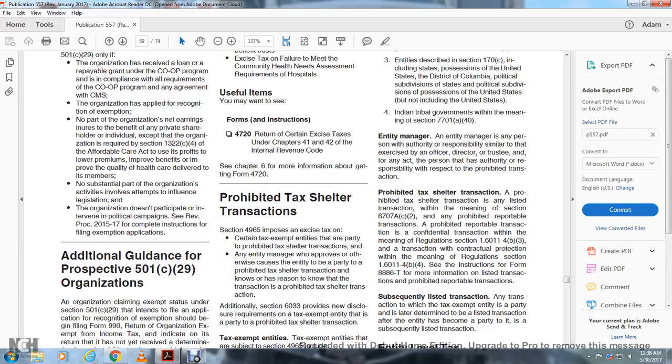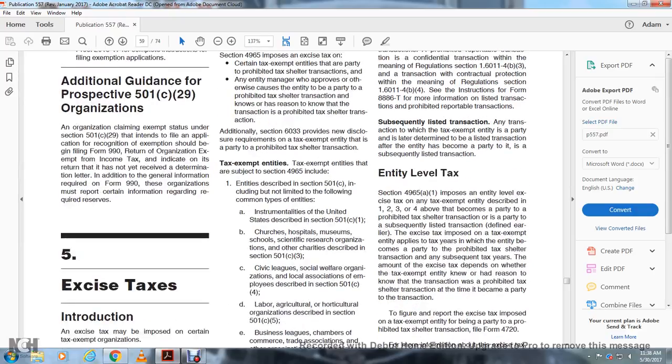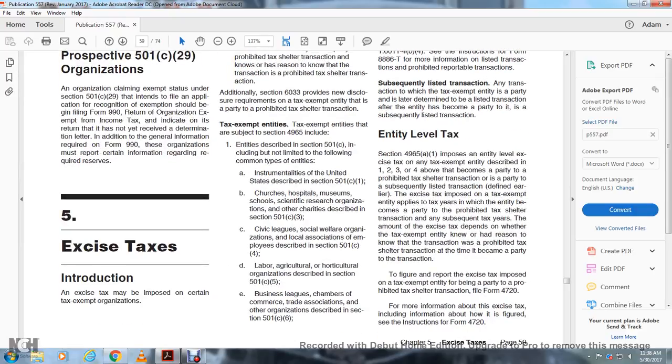Prohibited reportable transactions include a confidential transaction within the meaning of regulations section 1.6011-4(b)(3), and a transaction with contractual protection within the meaning of regulations section 1.6011-4(b)(4). See the instructions for Form 8886-T for more information on listed transactions and prohibited reportable transactions. Subsequently listed transaction: a transaction to which the tax-exempt entity is a party that is later determined to be a listed transaction after the entity has become a party to it.